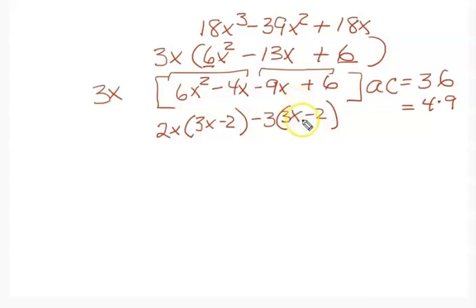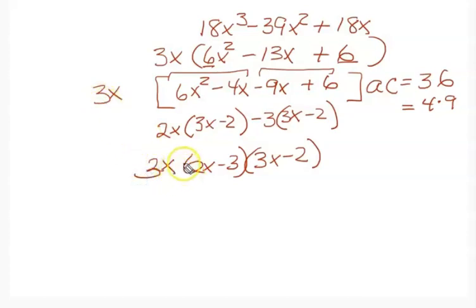All right. So this goes in one parenthesis, 2x minus 3, these two, and then this goes in the other, 3x minus 2. And don't forget our initial 2x, 3x from out here. So there we go.